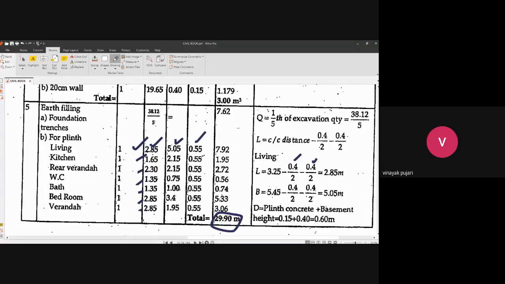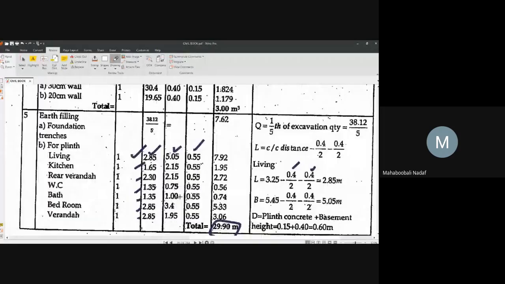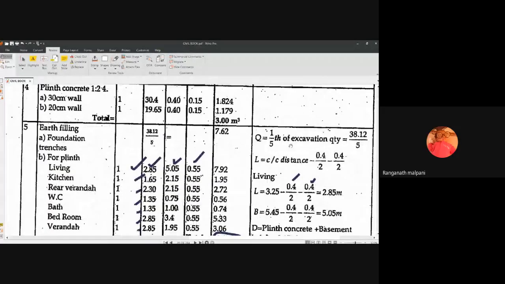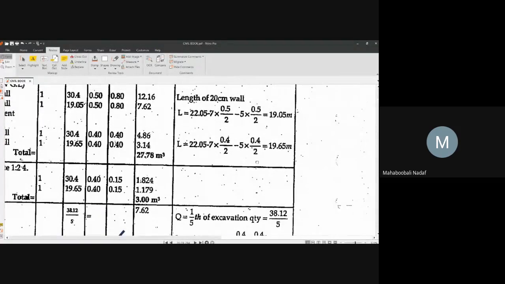Okay, now we are going for the next item. What is that next item? Next item is brick masonry.